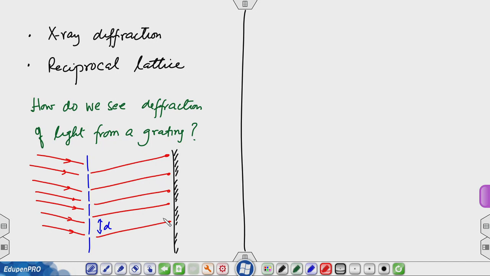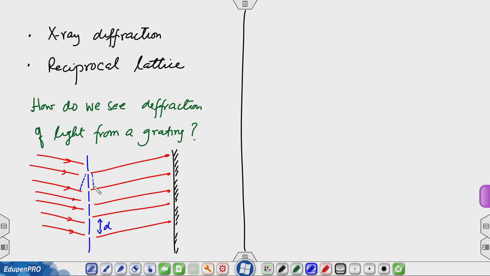And the equation for these spots is very simple. The spots occur when the path difference is exactly equal to some integer multiple of lambda.